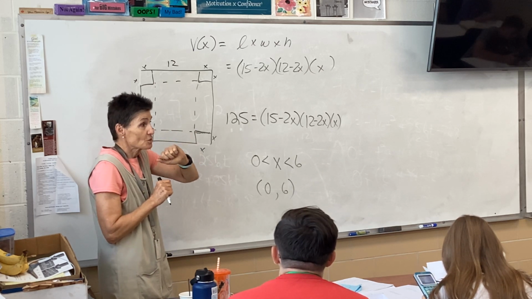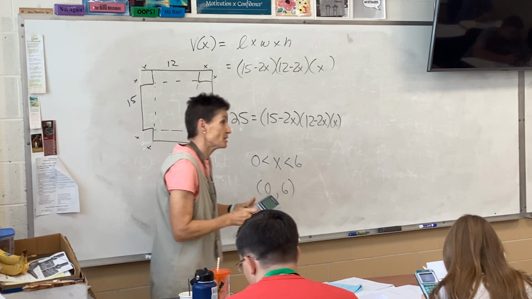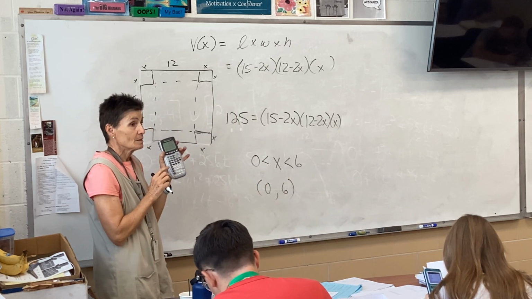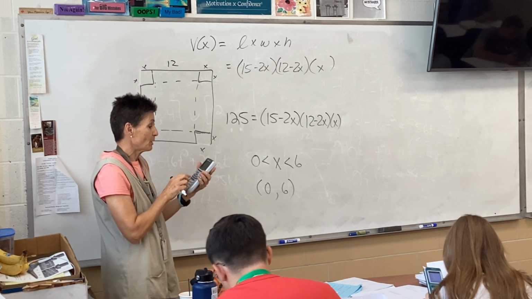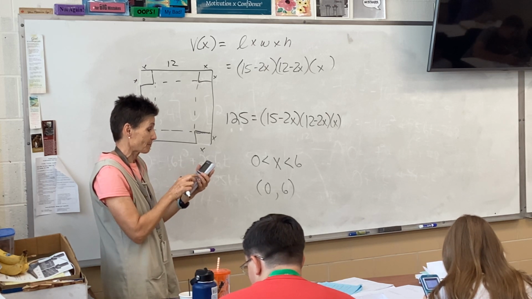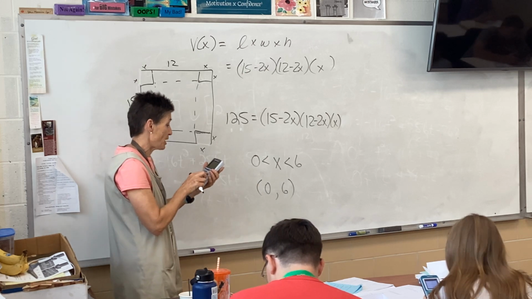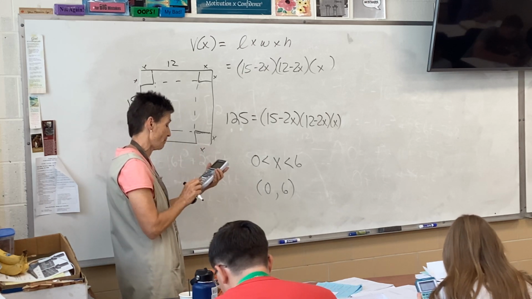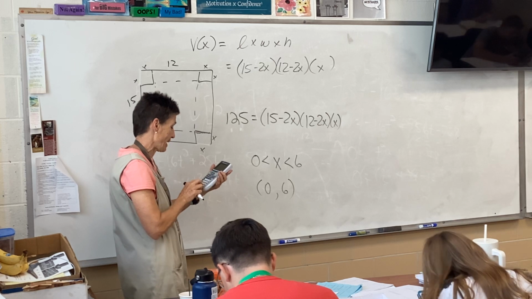Okay? So, I don't care how you want to adjust your window. I am going to go back and look at only the x's from 0 to 6. I had altered my y's before, so I'm going to put them back to regular.